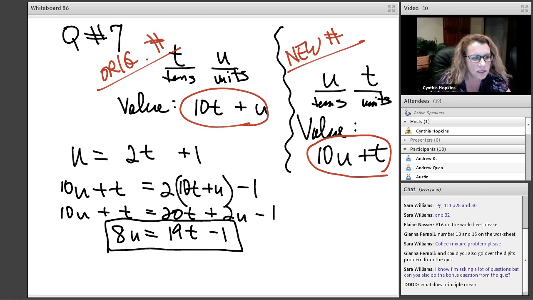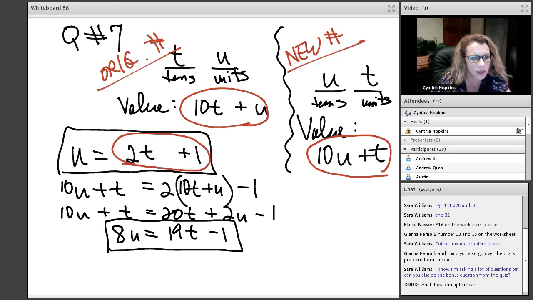Now, back to the first equation up here, since the u is all alone, I'm going to take this expression, 2t plus 1, and substitute it into the second equation where the u is. So I get 8 times, and then instead of the u, I write 2t plus 1, and that equals 19t minus 1.